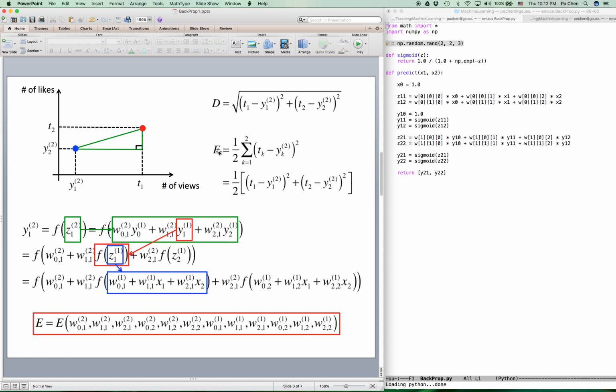It has no other dependence. E only depends upon the 12 weights. And at the starting point, we assign random values to the 12 weights. So E could be very large, right?